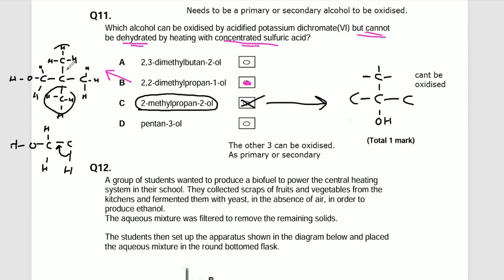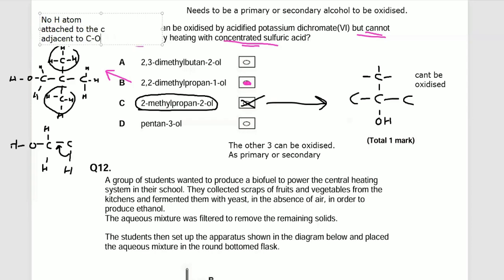It's these two methyl groups here. There should be a hydrogen instead of a methyl, because you need a pair of electrons from the hydrogen to be donated to form the double bond, to form the alkene. There's no hydrogen atom on the carbon adjacent to the C-OH, and so we know that that cannot be dehydrated. So there we go.